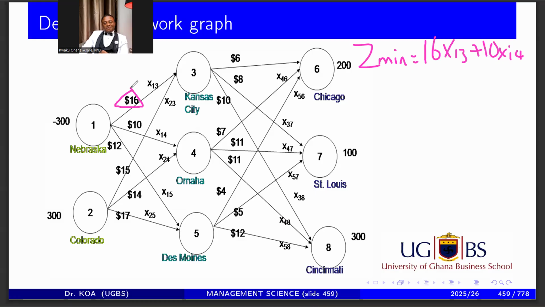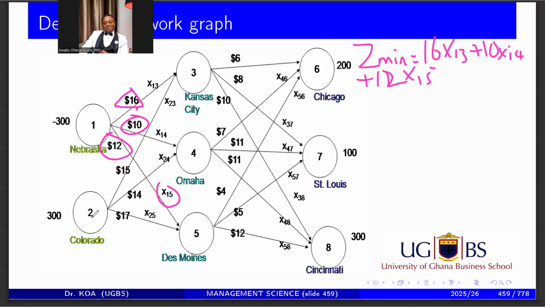Okay, followed by 12 X15. So I just took this 16, this 10 and this 12, and took their numbers here. I'm sure you can do the rest.